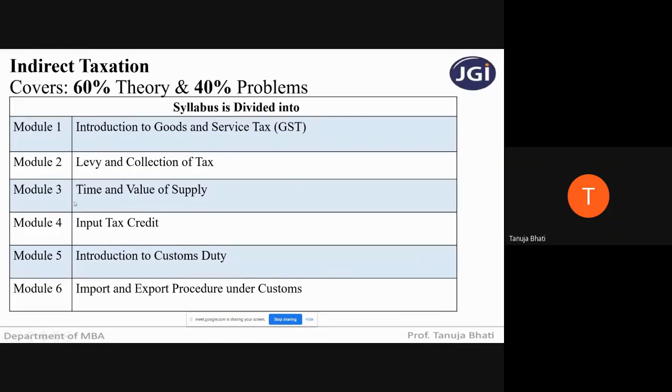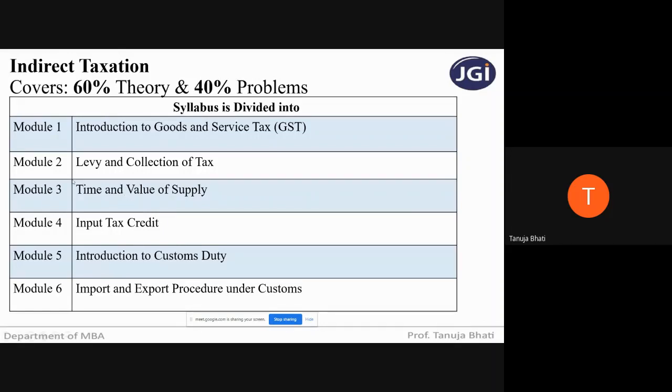Module number 2 includes your problems as well. It is a combination of theory as well as problems. In module number 3, we have time and value of supply. Under this module, we'll see the time at which GST is to be charged. Should it be charged when the order has been placed, or when the actual sale is taking place?